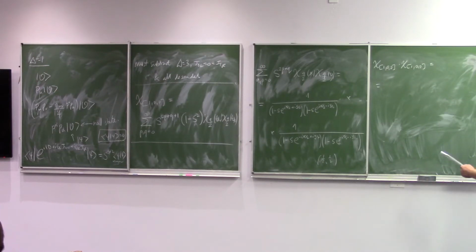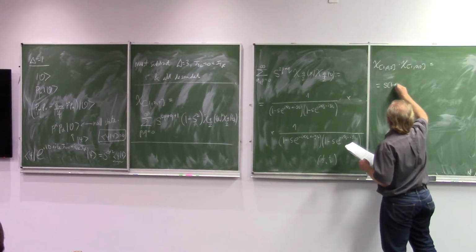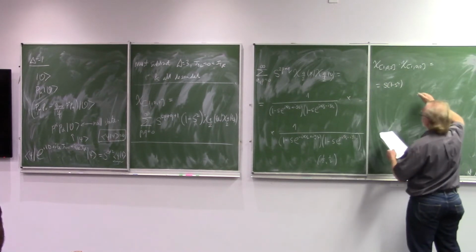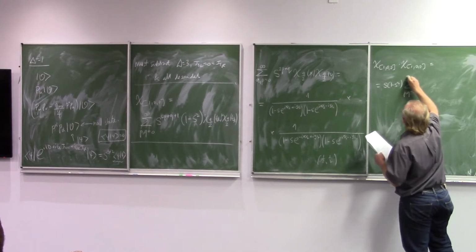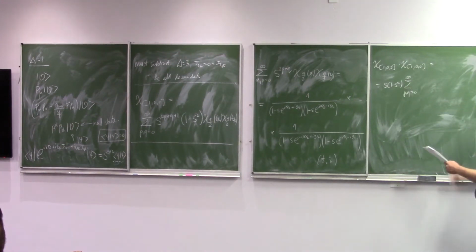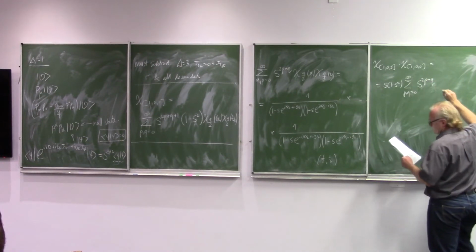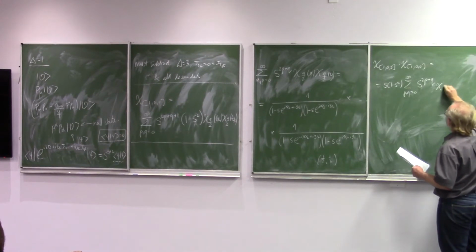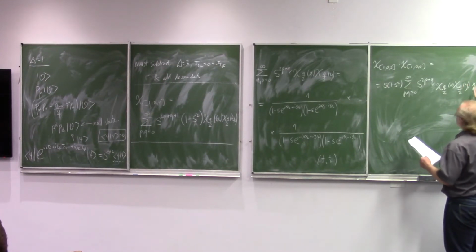So what does this look like? I'm going to write the first character as s, 1 minus s squared, sum over p and q from 0 to infinity of s to the 2p plus q, chi q over 2 of x, chi q over 2 of y, multiplied by.